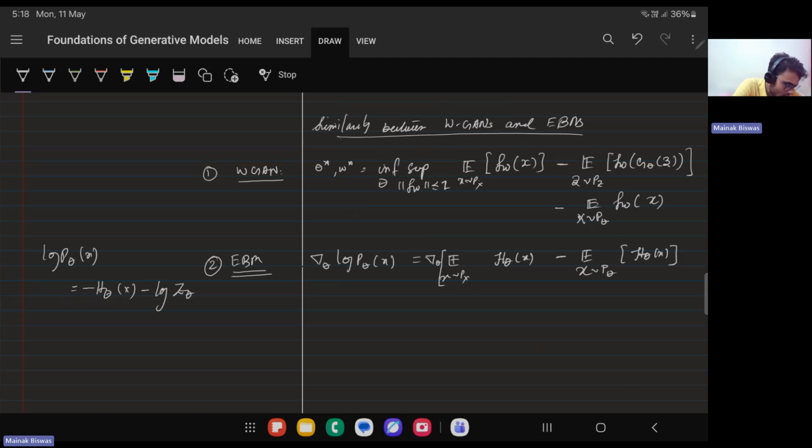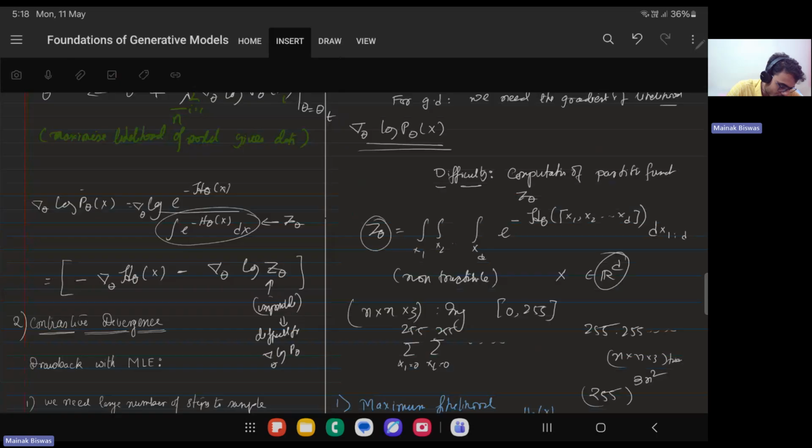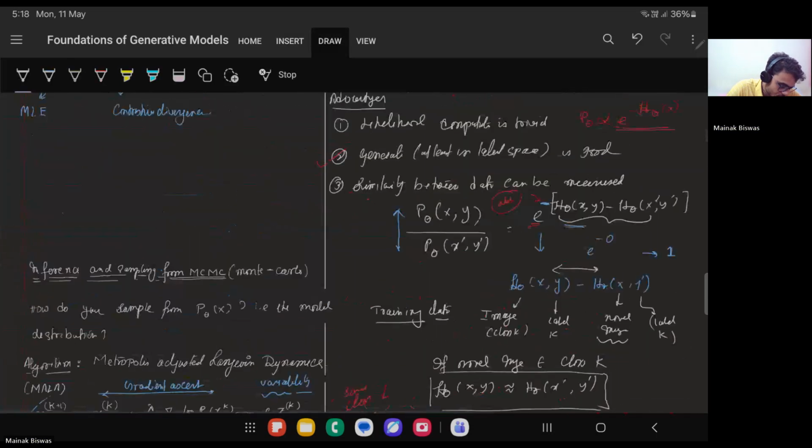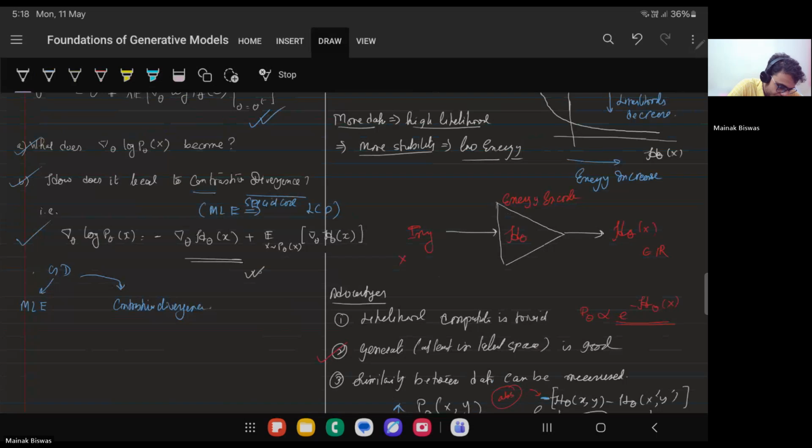This is exactly what we got in the energy-based models, if you can remember. Right? What was the thing? There you go. So this is what we were minimizing, right?